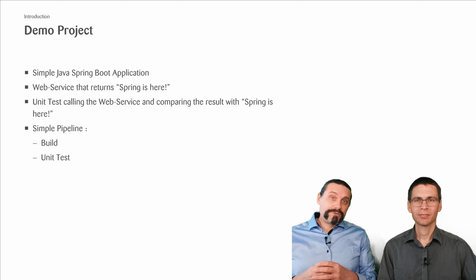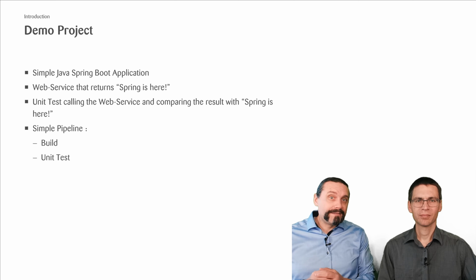It is just a web service which returns "Spring is here." We also have unit tests which call that web service and check if the result is really "Spring is here."